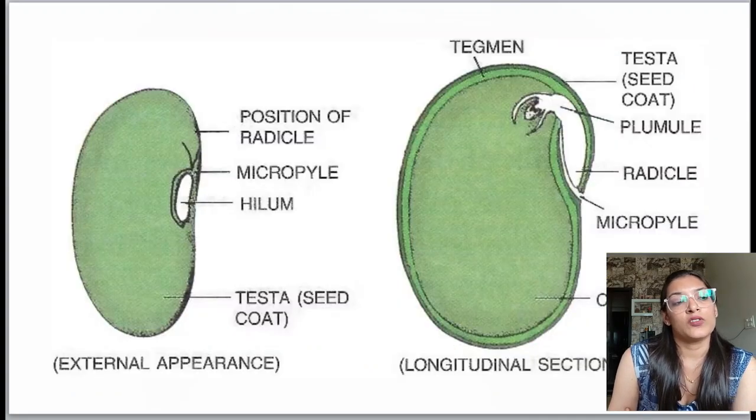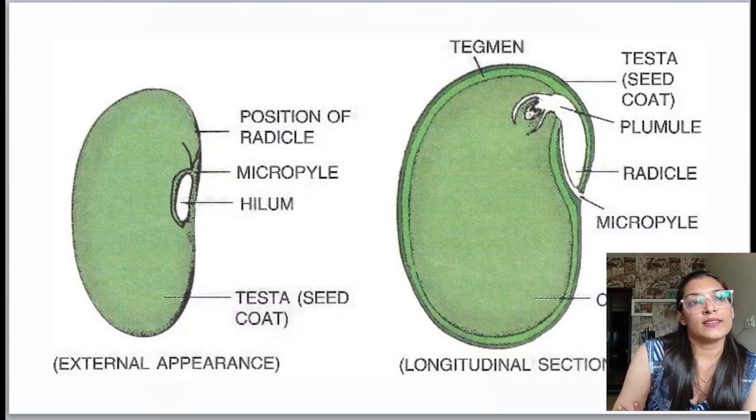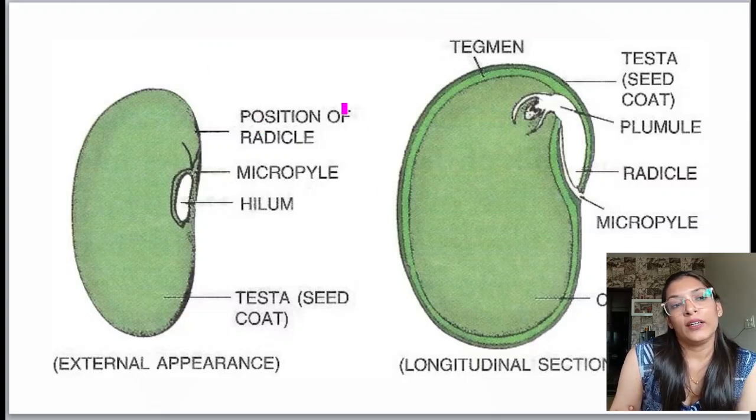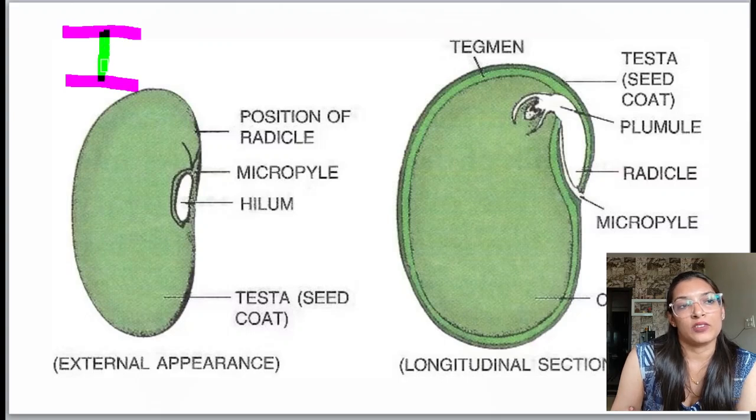Next we will study the structure of dicot and monocot seed. So first let us consider a dicot seed. In a dicot seed, first of all tell me, if this is one passage, if this is another passage, and this is the bridge connecting the two passages. All right, so here we are discussing the parts, the components of this seed structure.